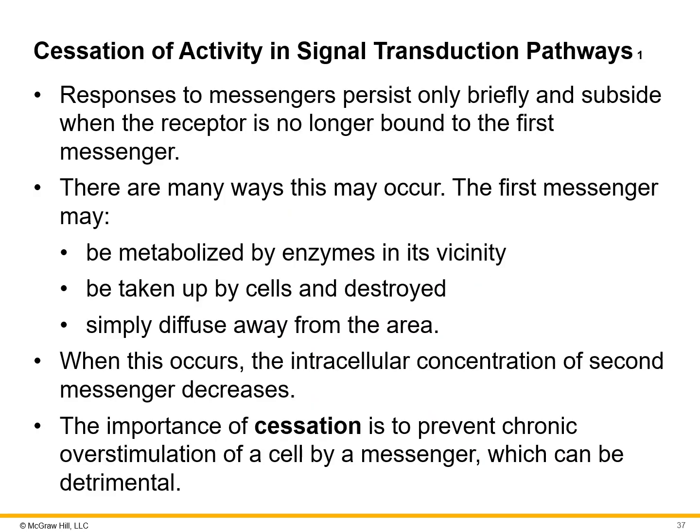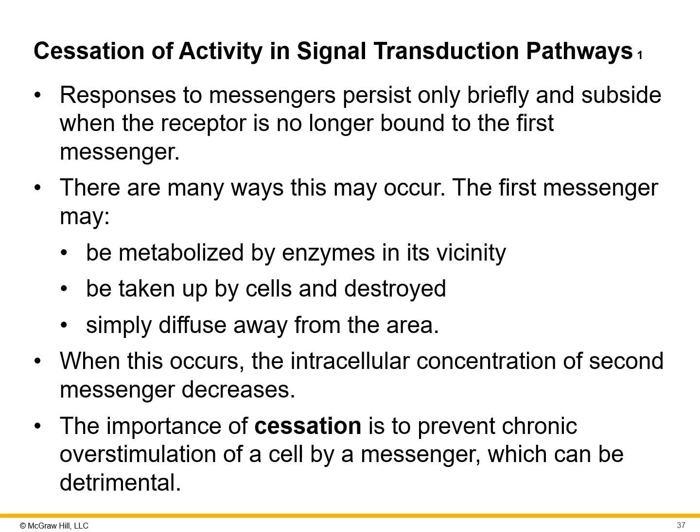Again, cessation. The importance of cessation is to prevent chronic overstimulation of a cell by a messenger. It can be detrimental to the cell. We need to bring the cell, just like everything else, back into its homeostatic balance. Yes, we want a cellular response temporarily, but we don't, in most cases, want that cellular response to be upheld for long periods of time.